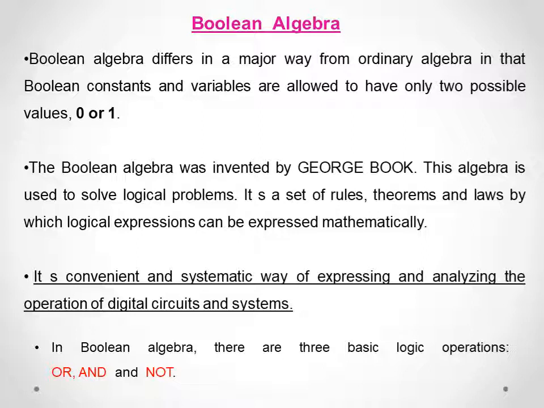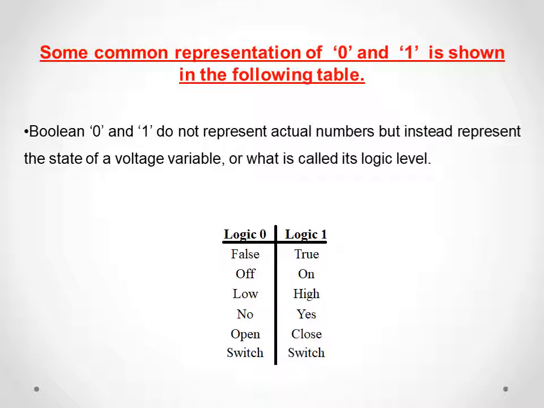In Boolean algebra, there are three basic logic operations: OR, AND and NOT. Some common representations of 0 and 1 are shown in the following table. The Boolean 0 and 1 do not represent actual numbers but instead represent the state of a voltage variable, or what is called its logic level.